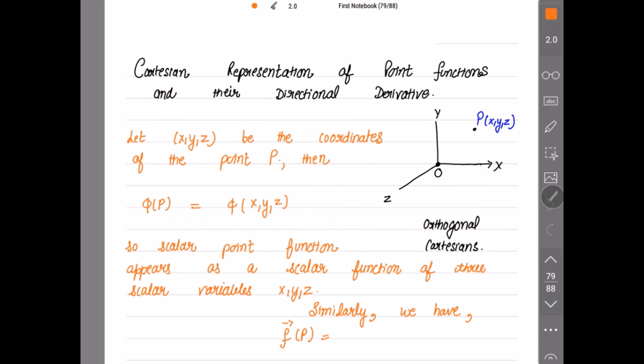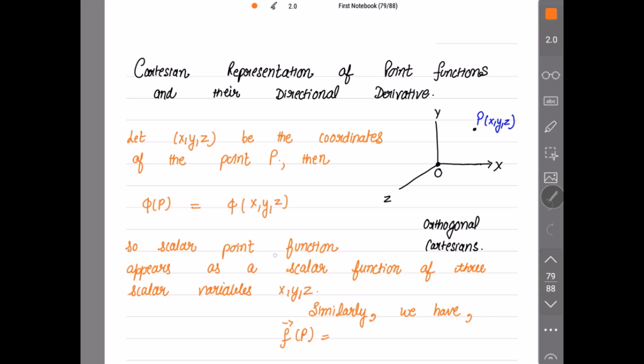Then comes the Cartesian representation of point functions and their directional derivatives. Suppose I introduce a system of 3 Cartesians, that is orthogonal Cartesians, OX, OY, OZ, and I have taken a point P with the coordinates x, y, z. Now let x, y, z be the coordinates of the point P. Then what is phi(P)? It is phi(x, y, z).